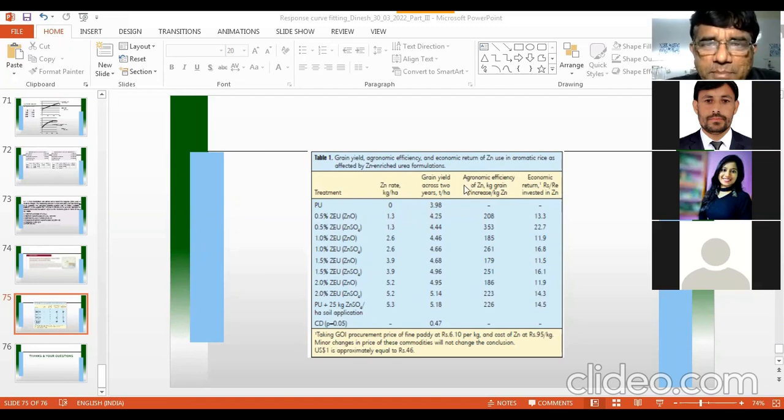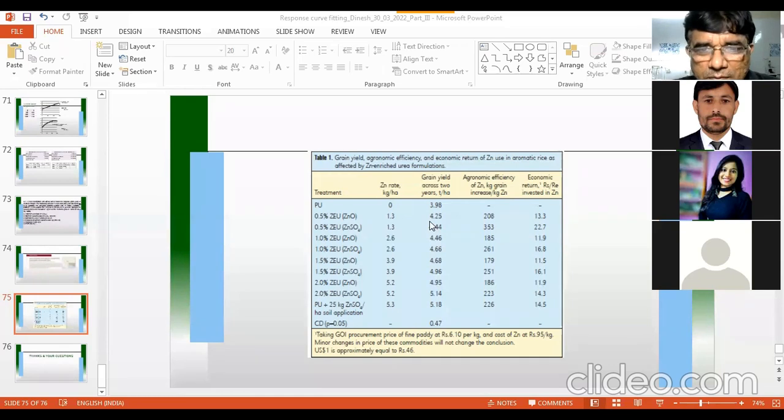And then agronomic efficiency can be worked out. For any fertilizer nutrient, you can work out the agronomic efficiency, meaning kg increase in yield due to unit application of fertilizer. Suppose you apply 1 kg of zinc, how much increase is there in the yield? The formula of agronomic efficiency is yield at treatment minus yield in control divided by fertilizer rate.